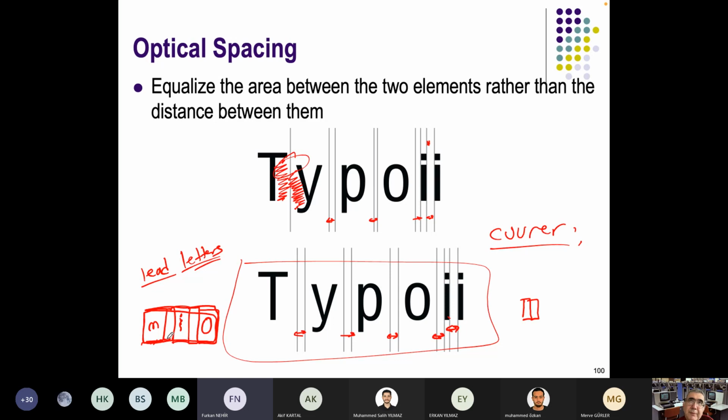So if you have books from early centuries, like the 18th or 19th centuries, you have variable size fonts for the letters, but for the typewriters, they are fixed size.